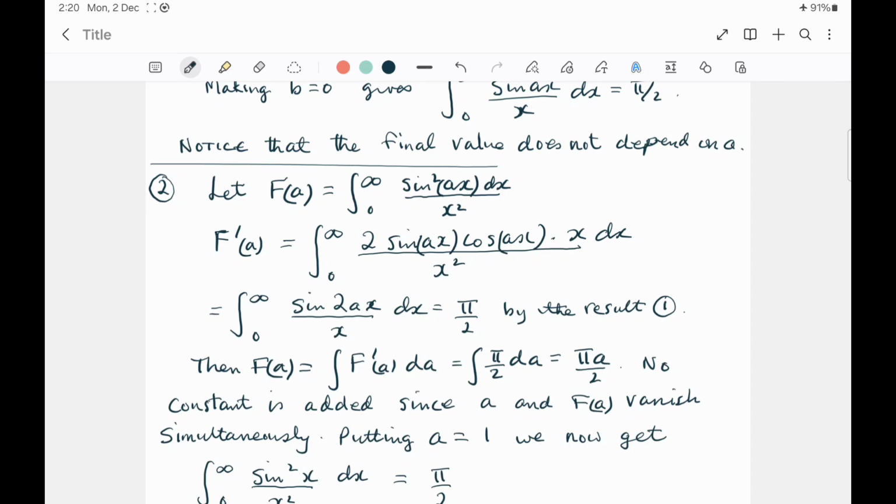So what I've done is I've let f of a equal the integral between 0 and infinity, sine squared ax dx over x squared.